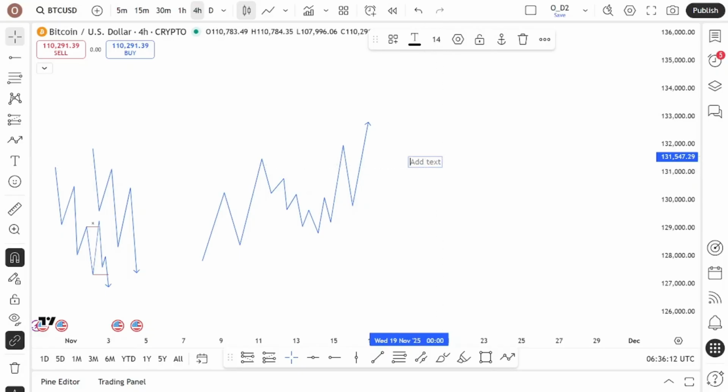Now, in terms of direction, I am looking at the daily time frame and the 4 hours time frame. These are the time frames I'm looking at.